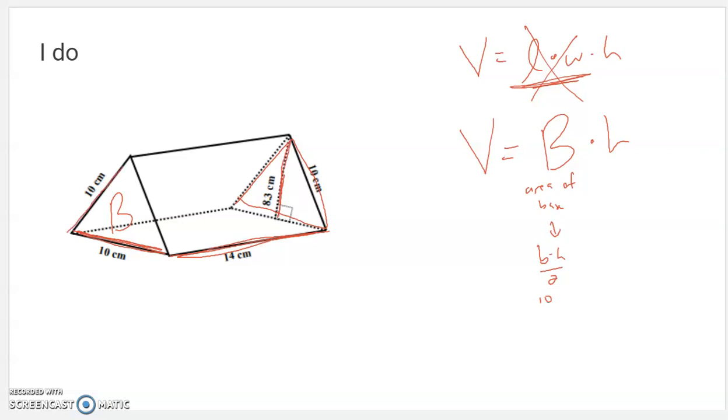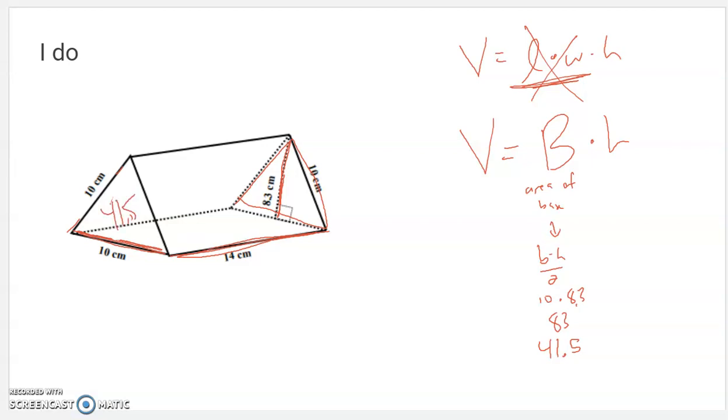So its height is this, 8 3/10. And then I'm going to divide that by 2. So 10 times 8 3/10 is 83, divided by 2 is going to be 41 and a half. So that's the area of those triangles. I do base 10 times height divided by 2, so I get an area for these triangles of 41 and a half.